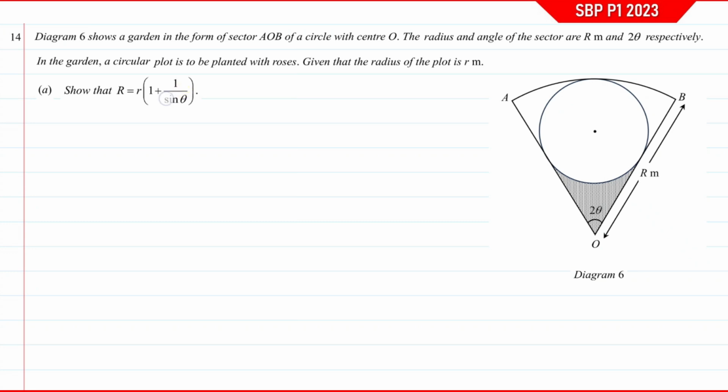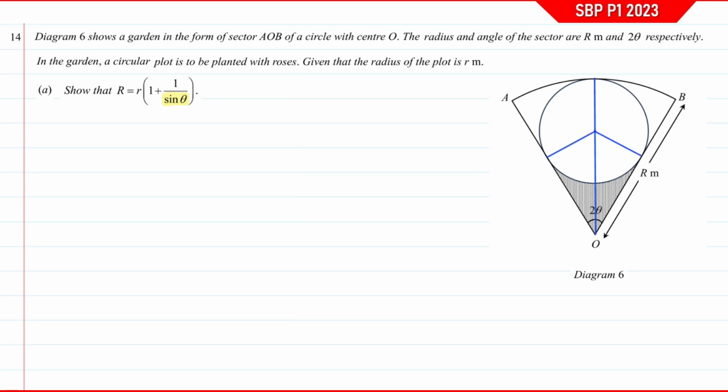Here the clue will be the sine theta. In the diagram, the angle here is 2 theta, so I'm going to divide it by half. Based on the diagram, OB and OA are tangents to the circle.